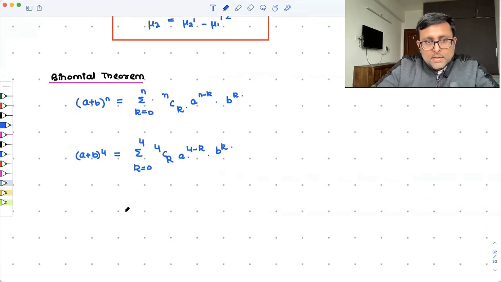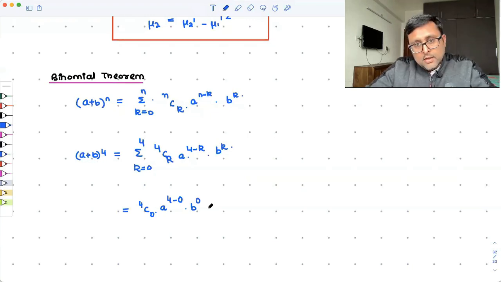So when I open this up, I'll be getting what? 4C0 a to the power 4 minus 0 into b to the power 0. I'm just trying to expand a plus b to the power 4, right?